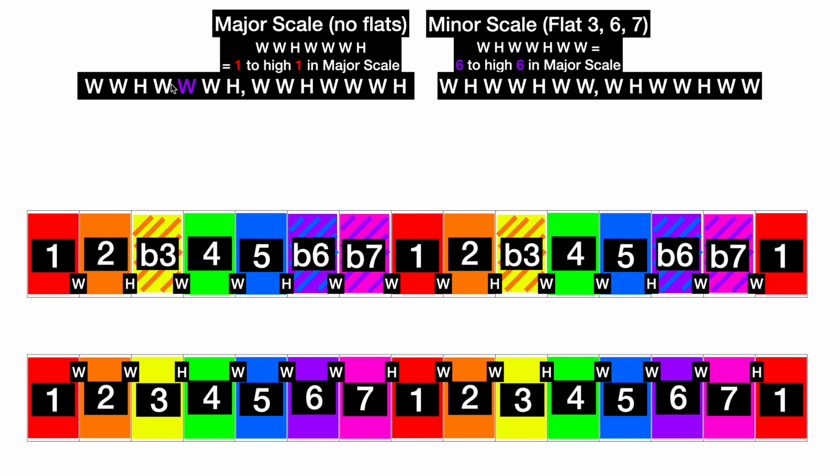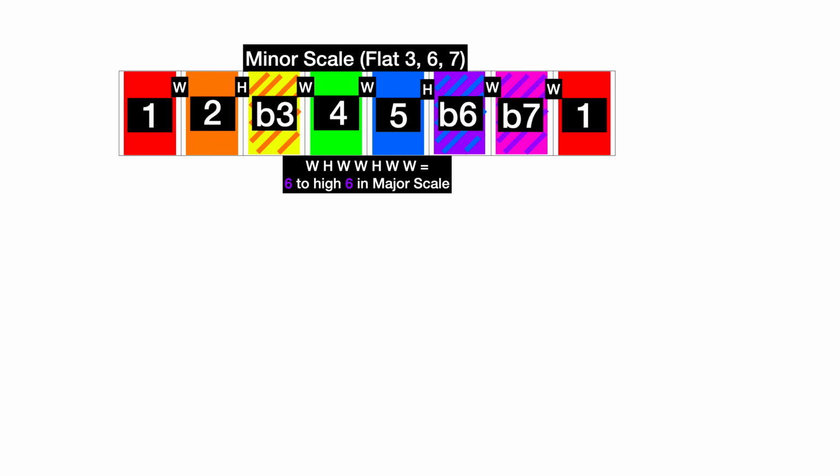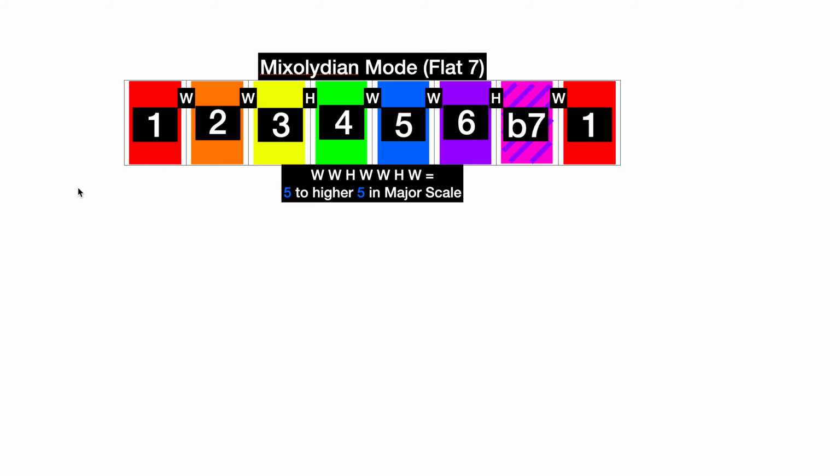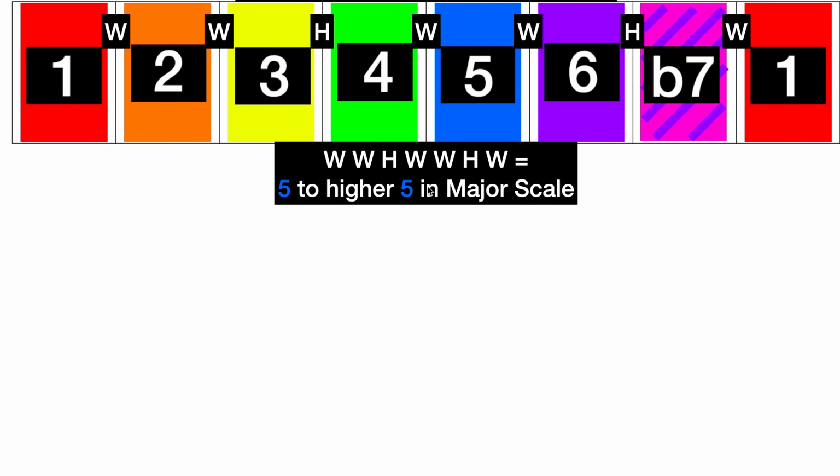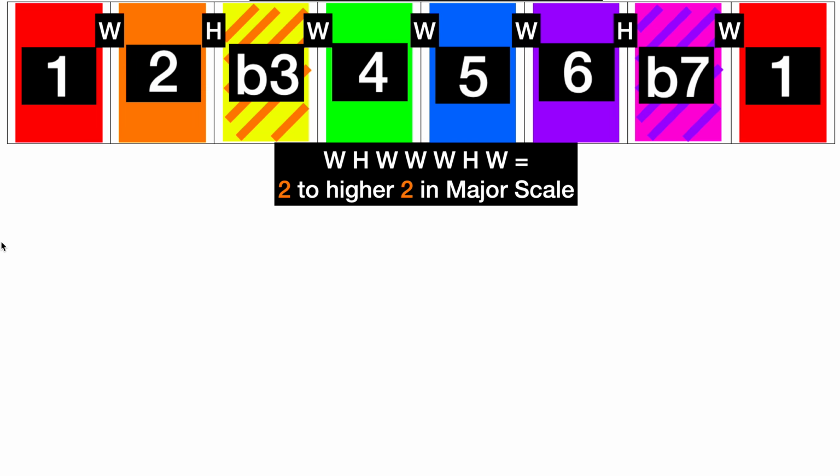So let's start up here first. I wrote in the major scale, it's 1 to high 1 in the major scale. That's kind of redundant, but I wanted to keep it consistent. The minor scale is 6 to 6 in the major scale. Now, what does that mean? The Mixolydian scale is 5 to the higher 5 in the major scale.